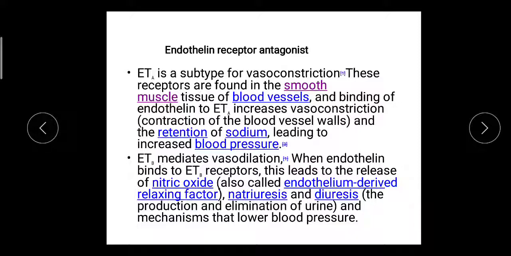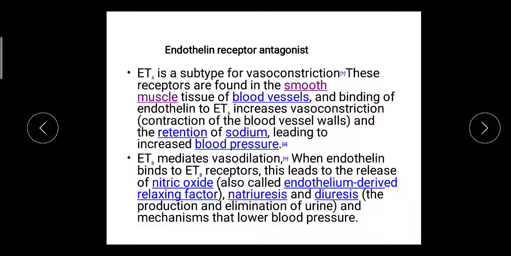But bosentan and the other endothelin receptor antagonist drugs mostly block ETA more than ETB. So they produce a greater effect on the ETA receptor.